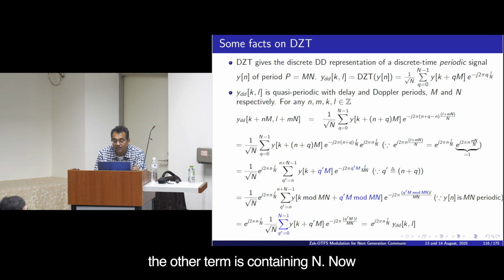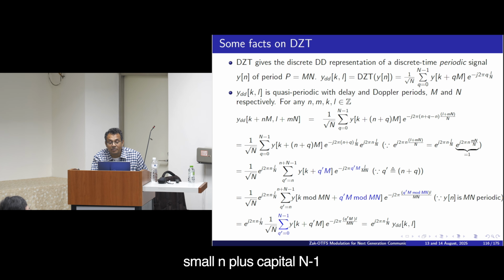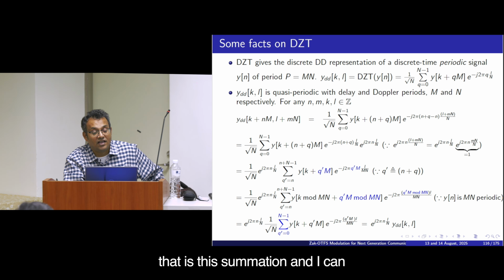And then I do a substitution of variable, because the dependence on q is only through n plus q. So, I define a new summation variable q prime which is defined to be n plus q. When q goes from 0 to capital N minus 1, my q prime will go from small n to small n plus capital N minus 1, that is this summation, and I can replace this n plus q with q prime, similarly here also.